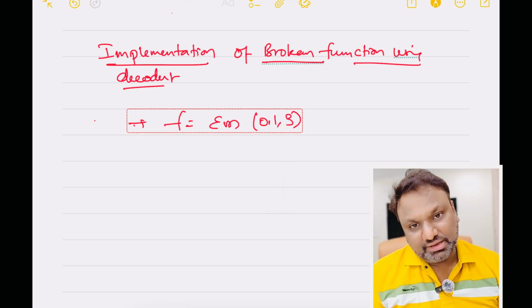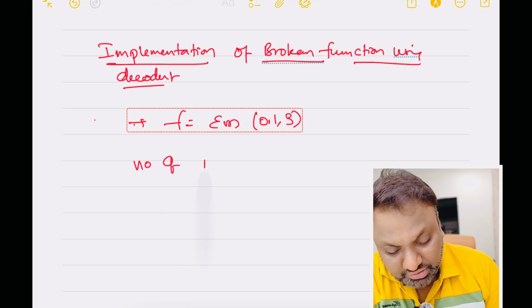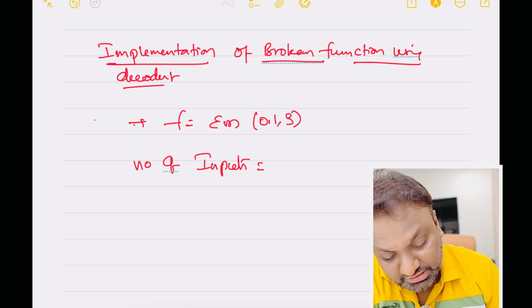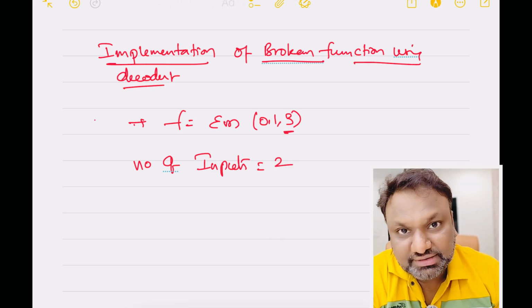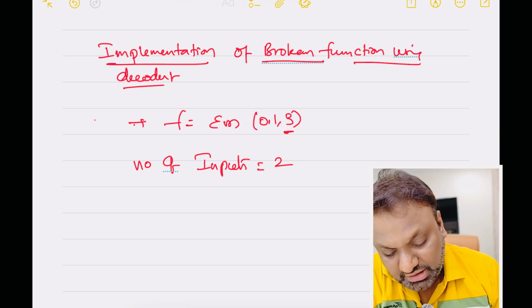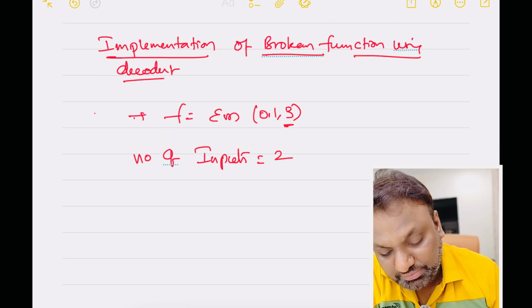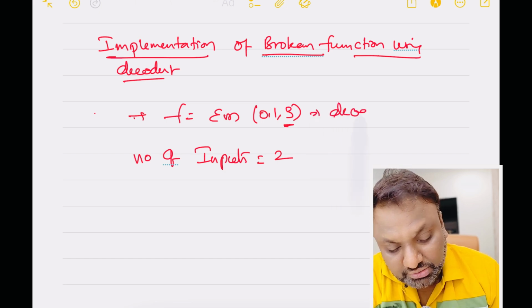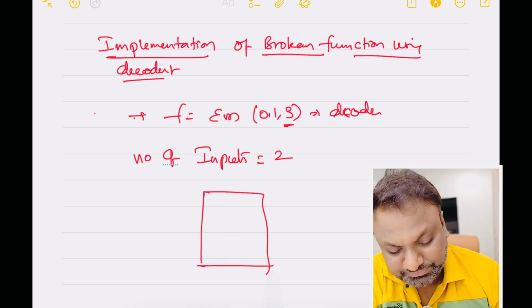Number of inputs is equal to how many inputs here? 2 inputs, right? Because the highest number is 3, hence my system will be having 2 inputs. Okay, and if I wanted to implement this by using decoder, because my number of inputs is 2, we will be using a 2 to 4 decoder.